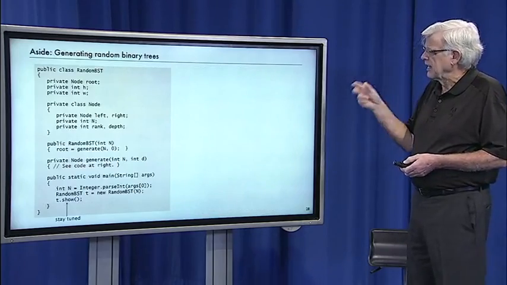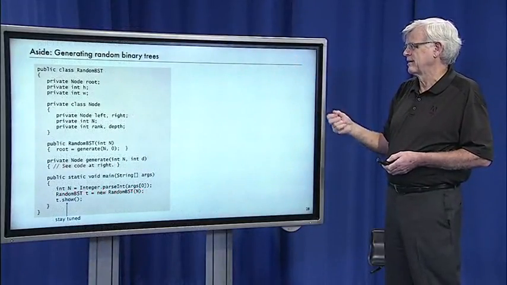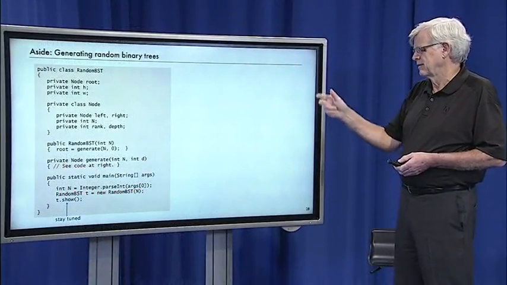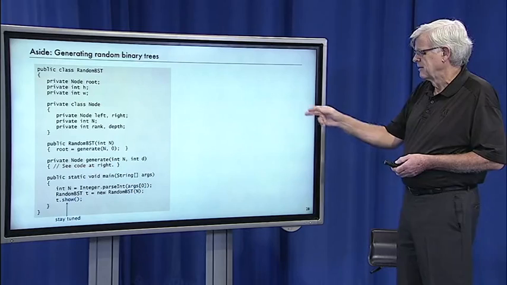Now, again, just in full disclosure of the code that I'm using to make these pictures, for people who are comfortable with programming, this is the code that I use to generate random binary trees, and it's very similar to the code that I talked about for binary search trees. The only difference is that I add coordinates to get the height and the width, and there's a little calculation in terms of where to place nodes.